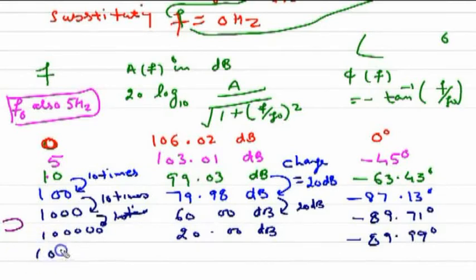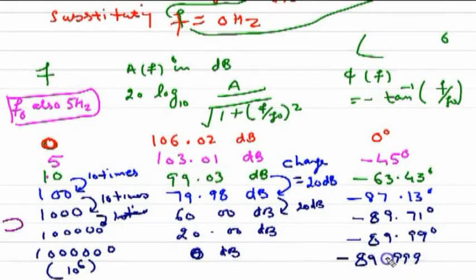Now we make the frequency 10 raised to the power 6, and the gain becomes 0 decibel. That is very, very important. At this frequency, the gain becomes 0, and there is a very small change in the phase angle, minus 89.999.